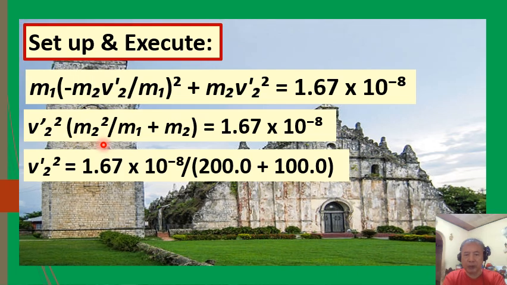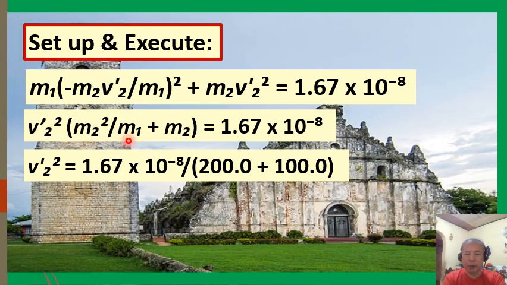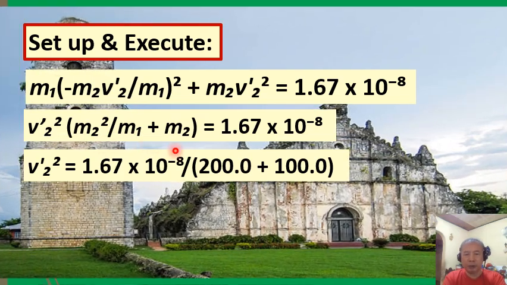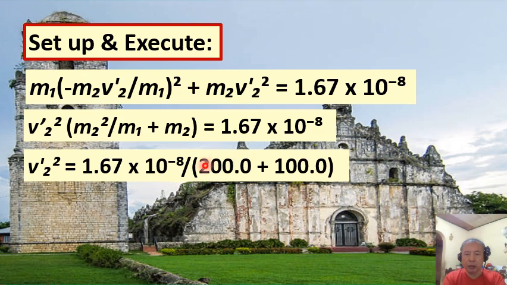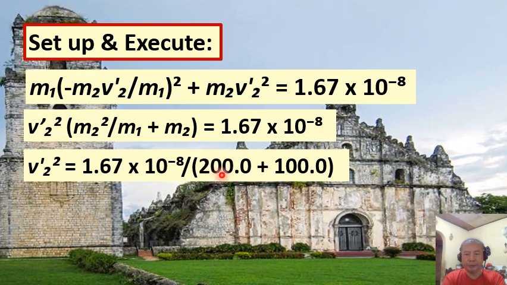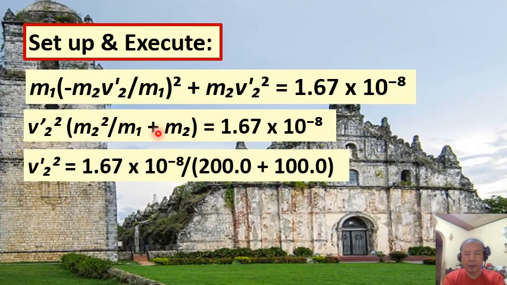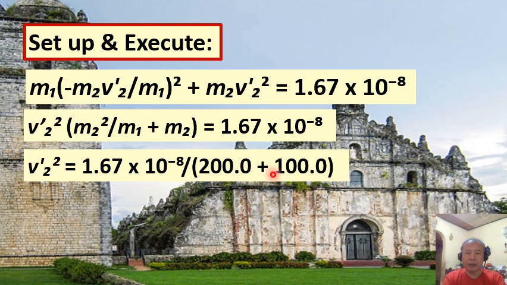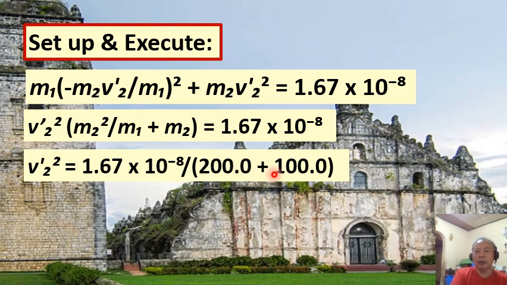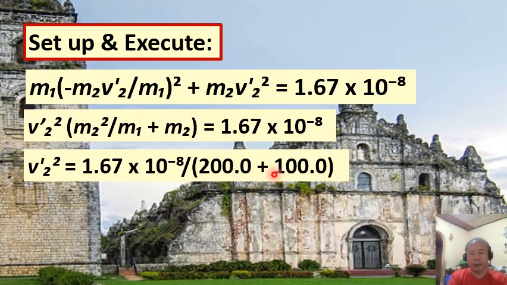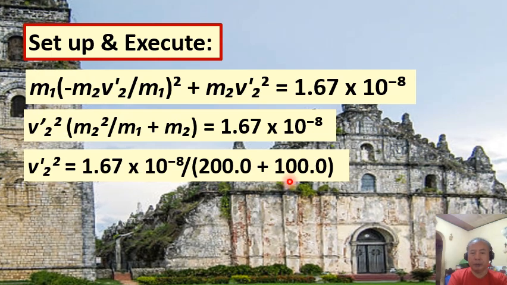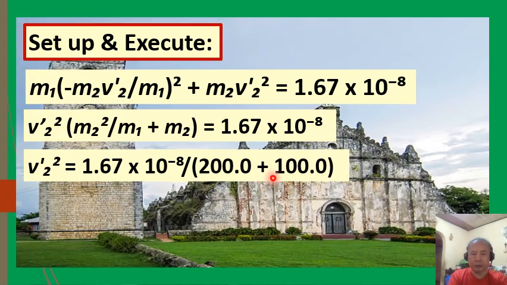When you square that and divide it by 50.0 kilogram, that's how we got 200. And then plus the mass of sphere number 2 or 100.0 kilograms.